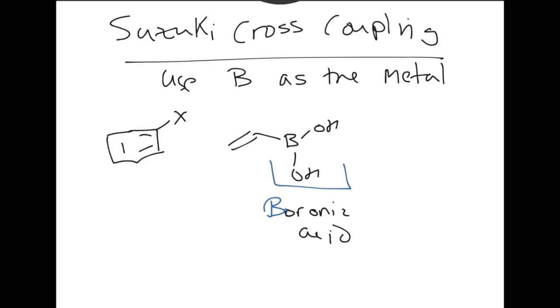Right. And again, we're doing the exact same thing. We're taking a halide and sticking it to a group that has a metal. So we're going to have this and this, and this uses palladium 0. But you have to use a specific type of base to make these work. So you have to use some sort of hydroxide, so I guess you could just call it OR, hydroxide or alkoxide.